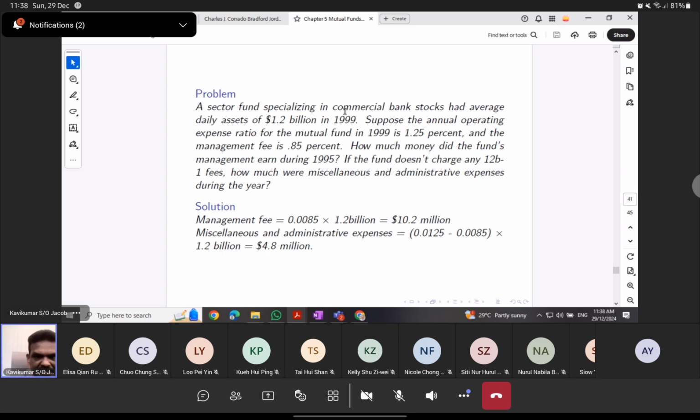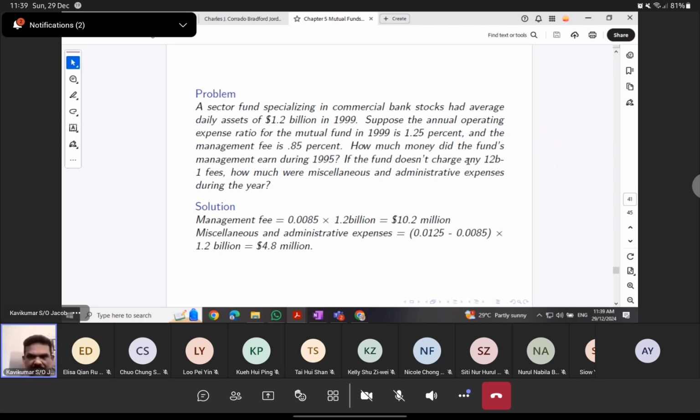A sector fund specialized in commercial bank stocks had average daily assets of 1.2 billion in 1999. Suppose the annual operating expense ratio for the mutual fund is 1.25% and the management fee is 0.85%. How much money did the fund's management earn during 1999?